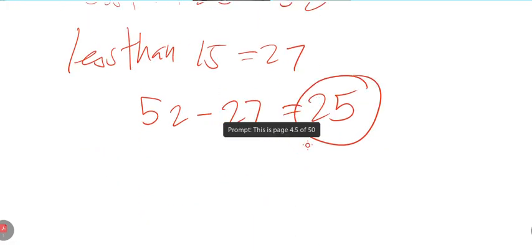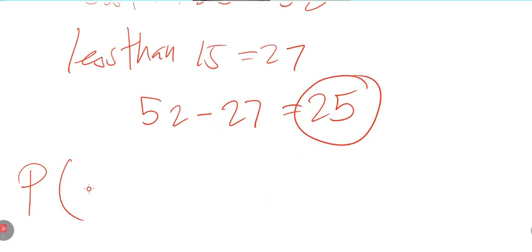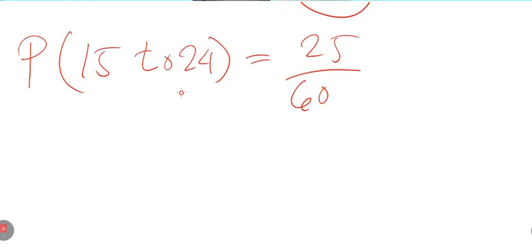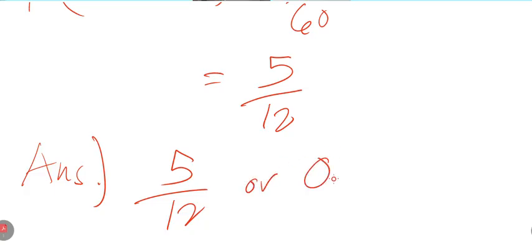Now, let's write out the probability. The probability of 15 to 24 is 25 over 60, which simplifies to 5 over 12, or 0.417. Okay, so those are the answers that we have here.